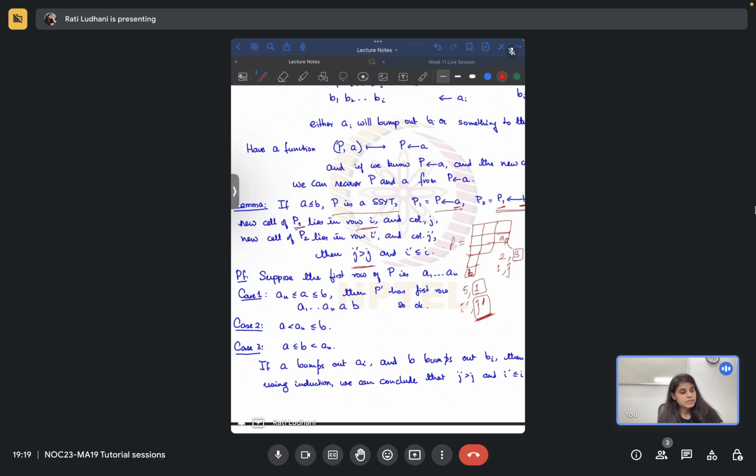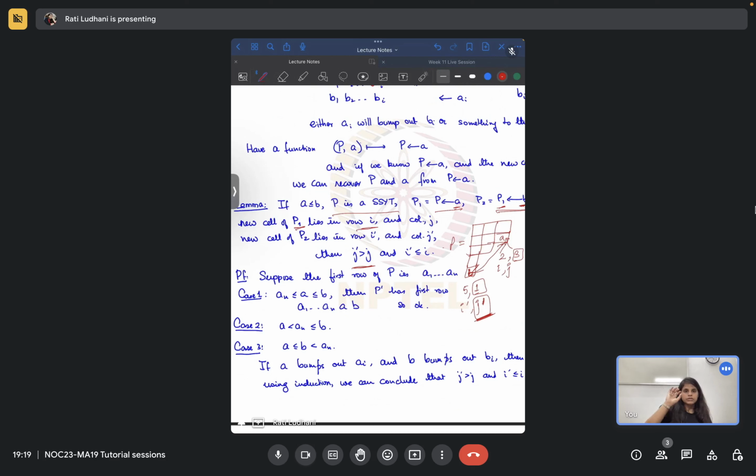So this should be reversed. Basically the rightmost one will be important in the column term. So the column should be bigger, the column number should be higher in the later one. When we inserted B in P1, that is the later one.